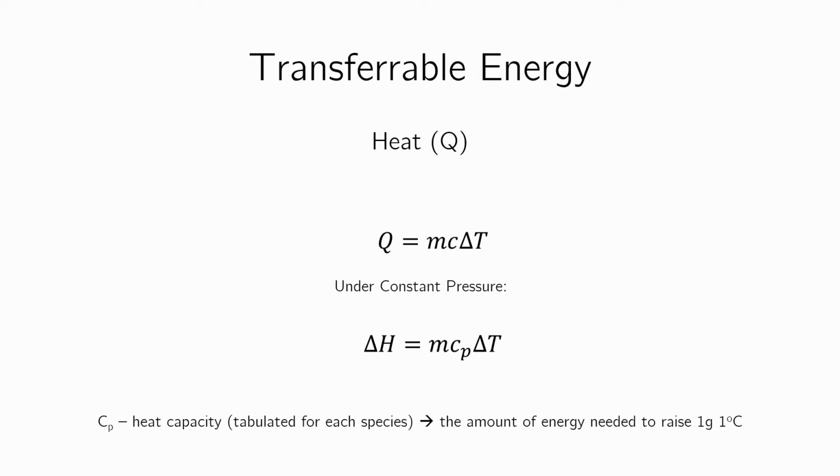It's just this fudge factor that makes it all work. So Q here is MC delta T. You can also say that enthalpy is MC delta T if it's under constant pressure. Don't worry too much about that. So heat, this is how you calculate it, or if it's under constant pressure, it's enthalpy, whichever one you want. And let's look at an example of how to do that.